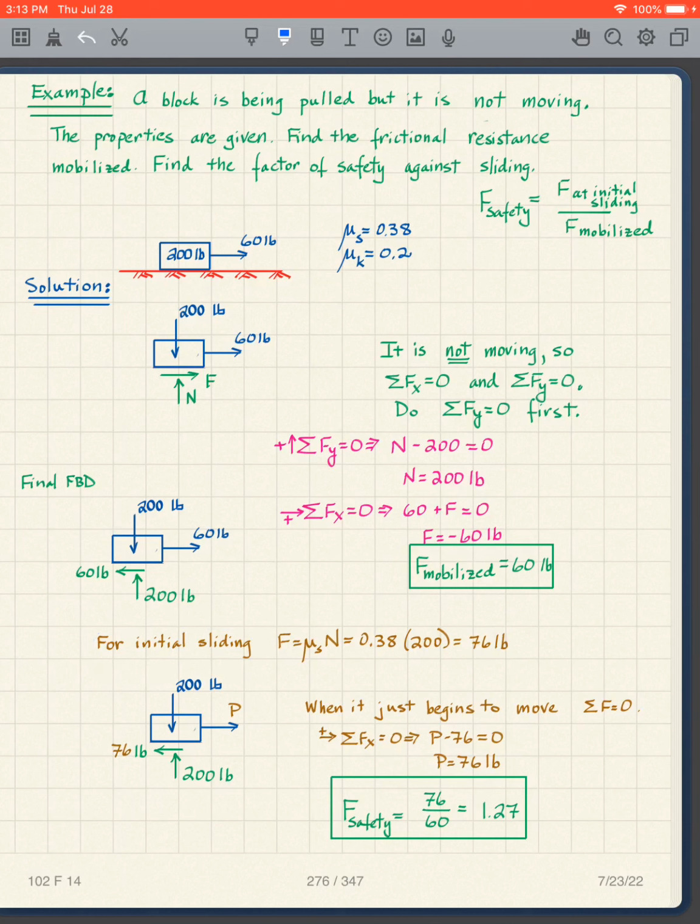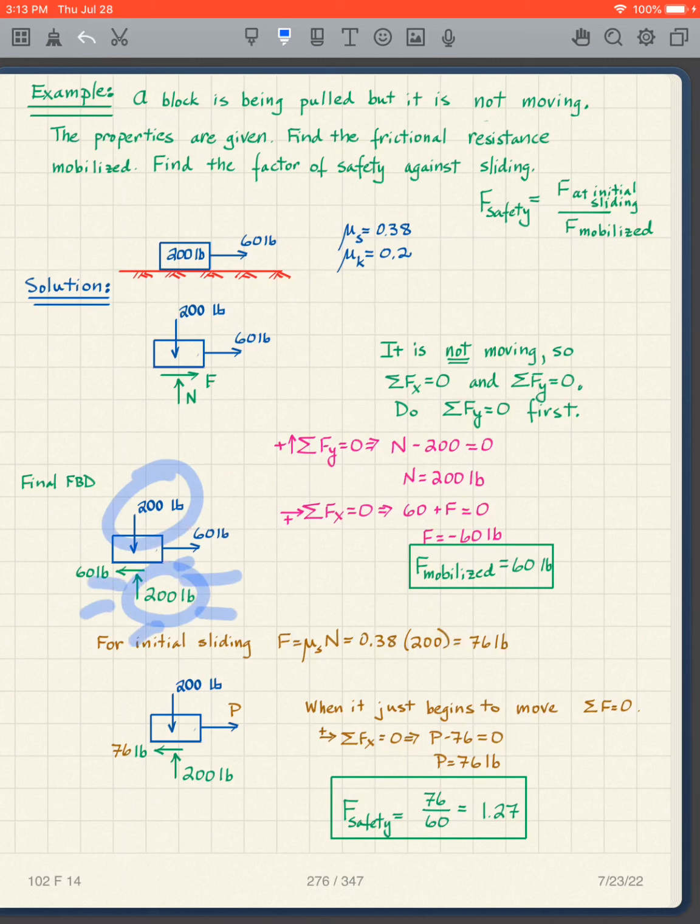Well, to get it moving, we know the static coefficient of friction is 0.38. So we can figure out what frictional resistance there is to initial sliding, so it's going to be 0.38 times the N, the 200 there. Notice it's not this 200, it's this 200 right here.